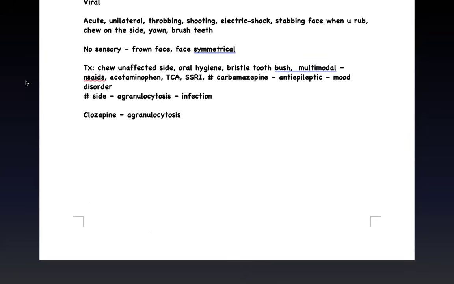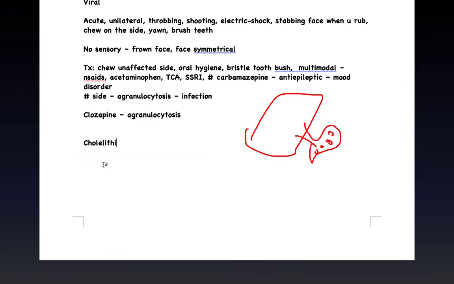Next one, cholecystitis and cholelithiasis. So your liver is here like that. Below there's a gallbladder sitting here. These are stones in them. And that is what we call cholelithiasis. It's stone in the gallbladder.